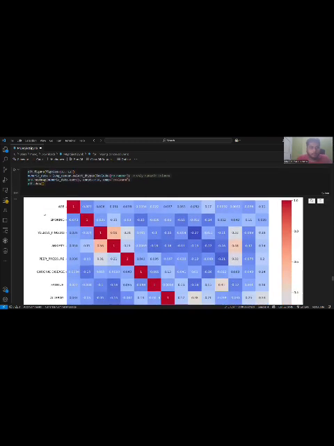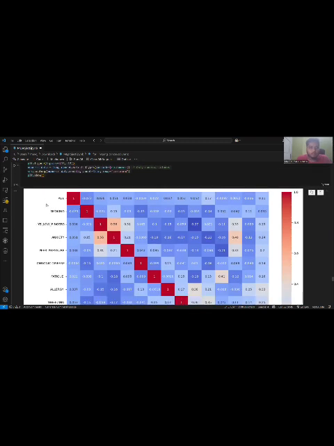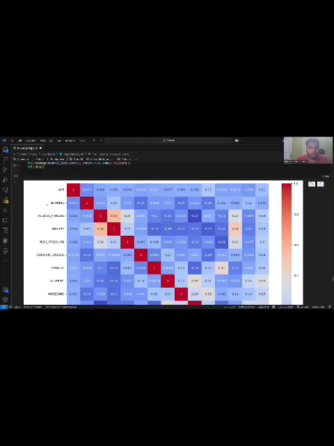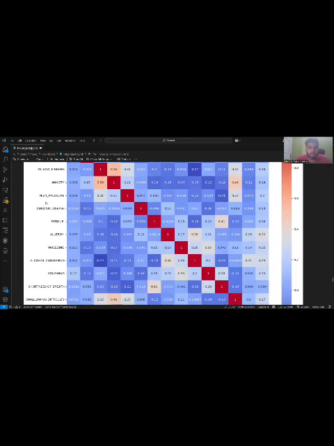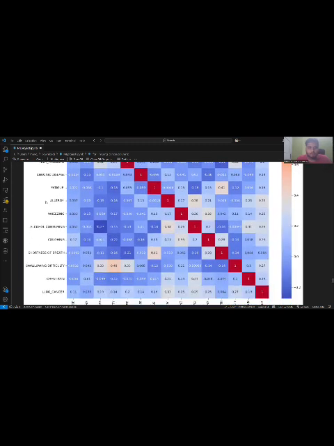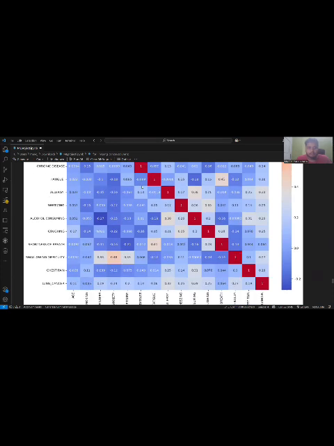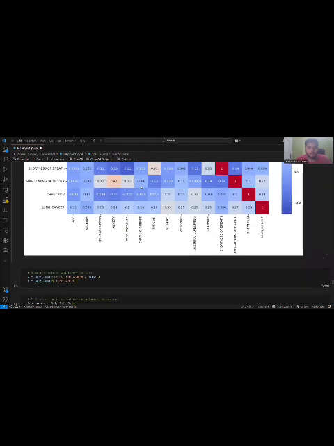And the heat map shows age, smoking, anxiety, and the difference between age. You can see in the map alcohol consuming, coughing, shortness of breath, chest pain, and lung cancer.